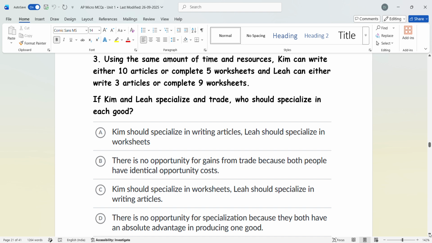Using the same amount of time and resources, that's the third one. Kim can write either 10 articles or complete 5 worksheets, and Lee can either write 3 articles or complete 9 worksheets. If Kim and Lee specialize and trade, who would specialize in each good?